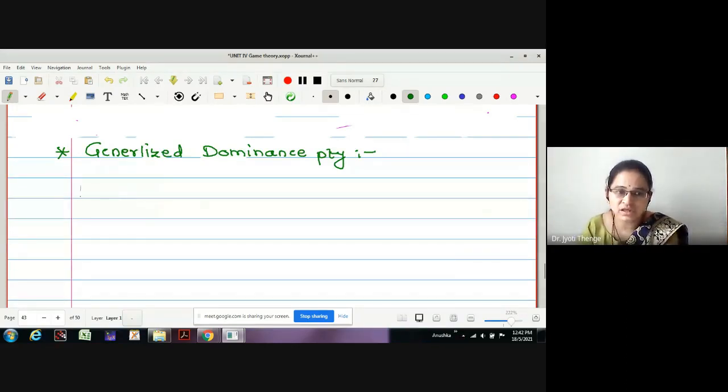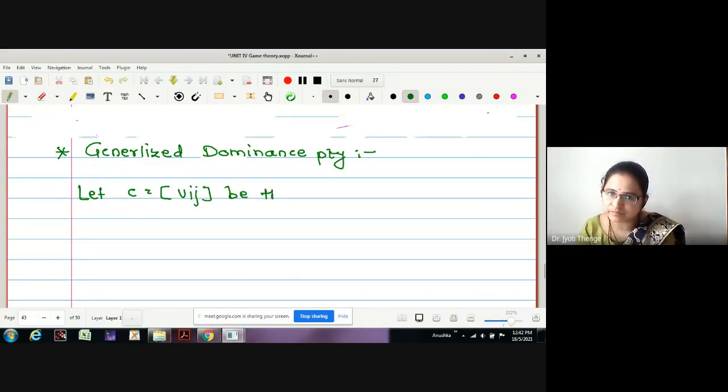Therefore, here let me write the statement. Let C equals Bij be the payoff matrix of m by n rectangular games.